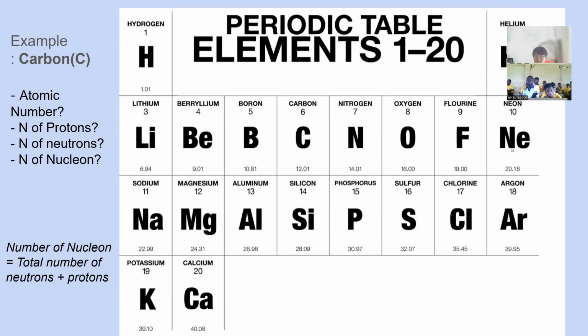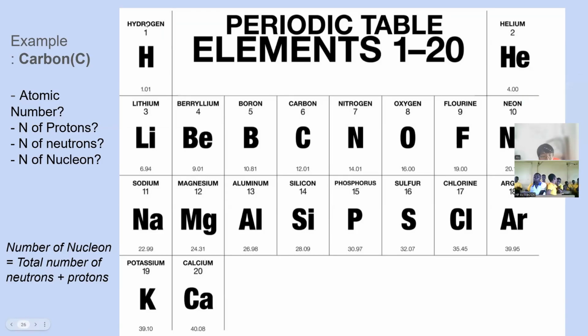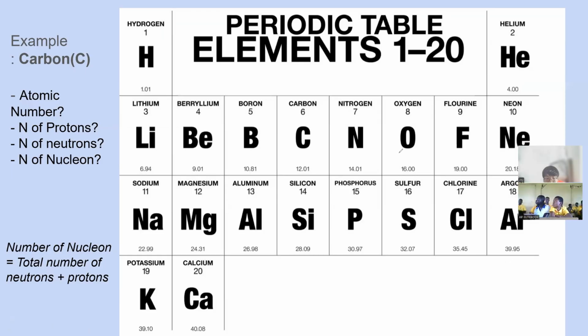So here I've included the first 20 elements of the periodic table. The first 20 is the usual amount of elements that is typically used in questions. 1 is hydrogen, 2 is helium, and I'm not going to read all this, but you can see there's an increase of atomic number all the way to 20.